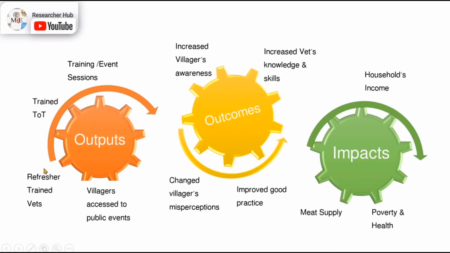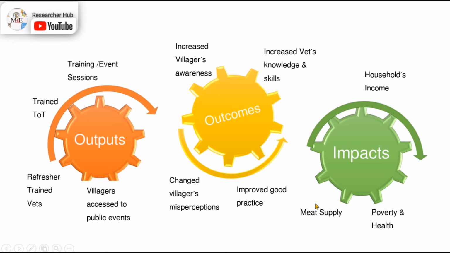In this case, as you can see here, we have 11 statements for which we would like to demonstrate the progress or measure the changes. For the outputs, as I mentioned, we would like to have a measurement to demonstrate the progress, and for the outcomes and impacts, we need to demonstrate the changes.